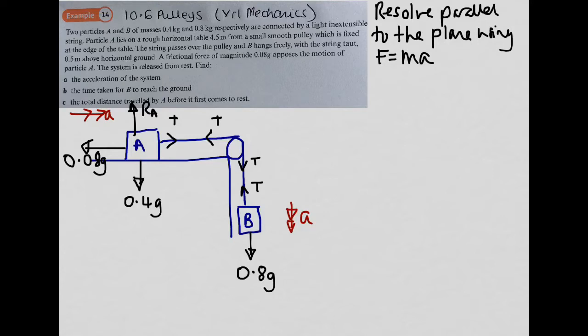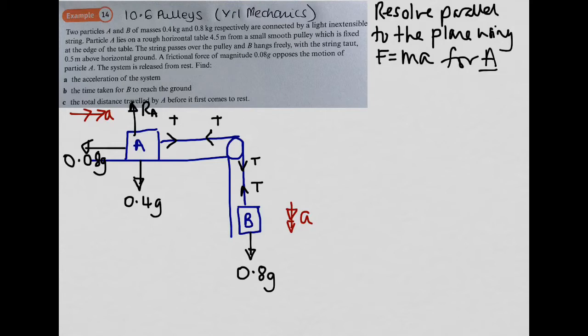The direction that it's moving in is parallel to the plane, so that is the direction that we are going to look at. So using F equals ma for A. We're just doing this for A at the moment, not looking at anything else. So forces in the direction of motion.